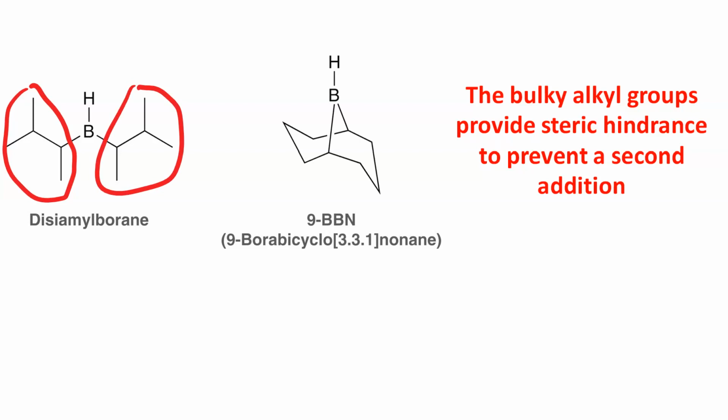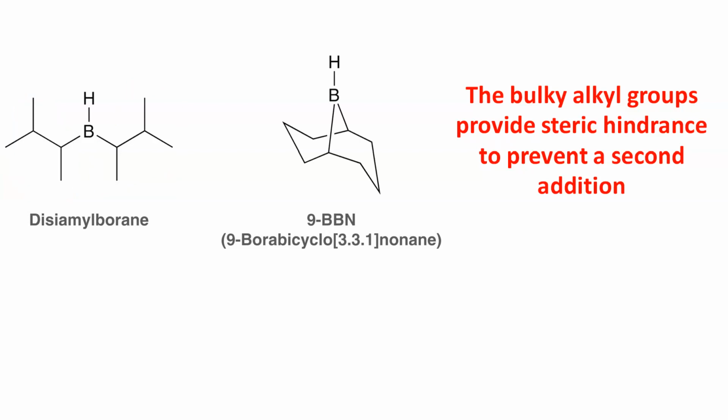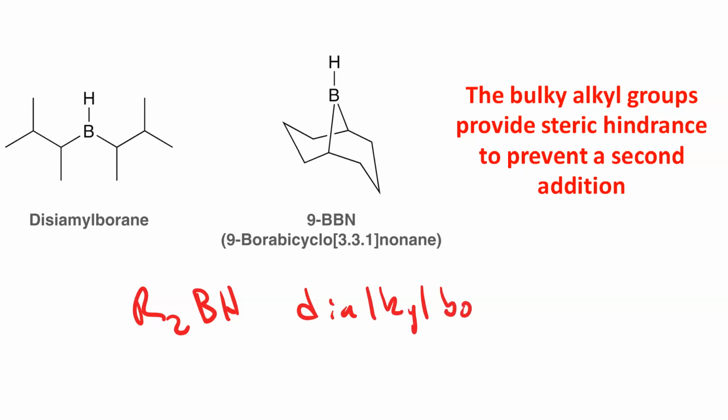This is disiamylborane, or 9-borabicyclo[3.3.1]nonane. These are both what we call R2BH dialkyl boranes. And this prevents a second addition, which we don't want when we're using alkynes.